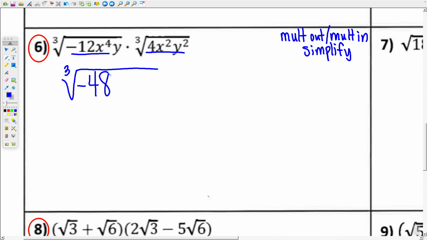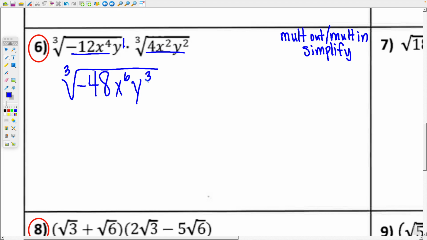And then when you multiply the letters, what do you do with the exponents? We're going to add them. x4 and x2 is x6. y1 and y2 is y3. Now, y'all, I need some muscle memory to kick in, because all I'm going to do here is split it. When I split this, I need to look at my list of cubes.